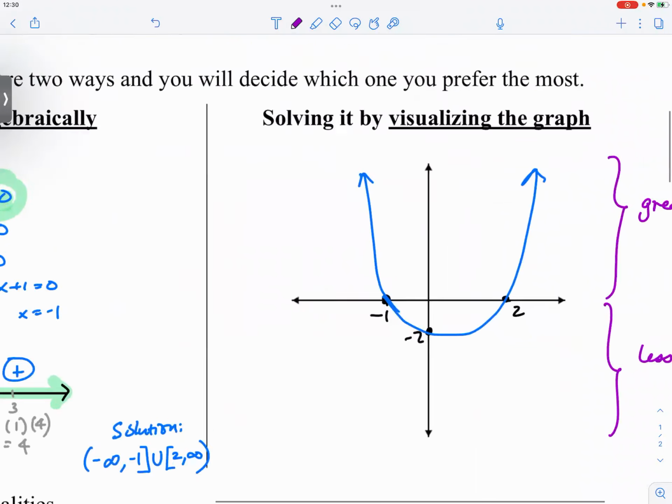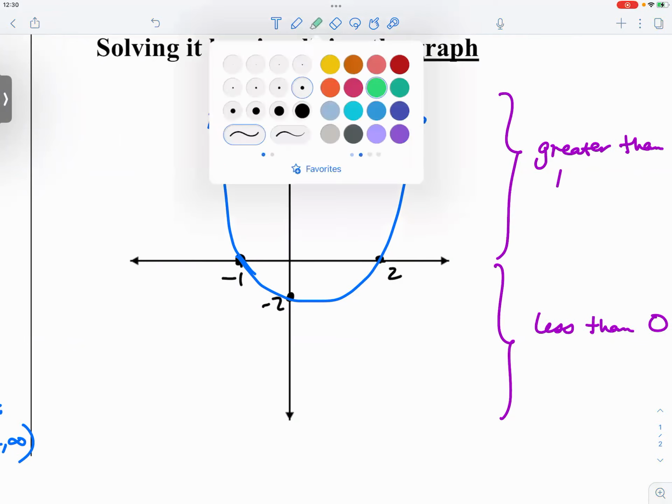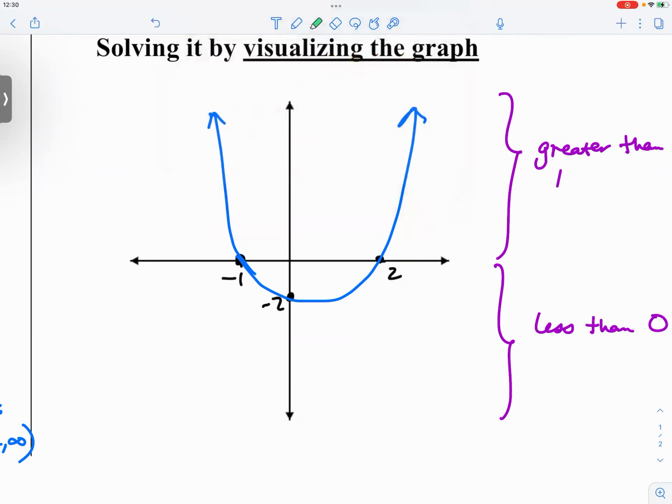Then we say, hey, which part of the graph is greater than 0? Which part of the graph is greater than 0? And we say, yeah, if you can see it, this part is greater than or equal to 0. This part is greater than or equal to 0. So what x values would give you those two segments?